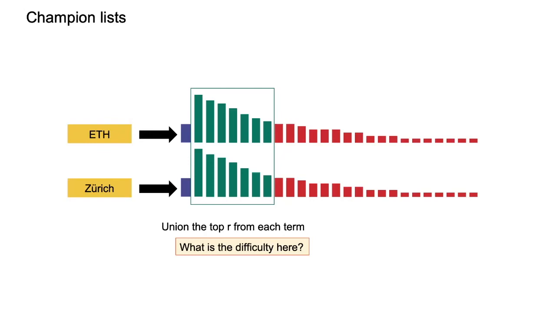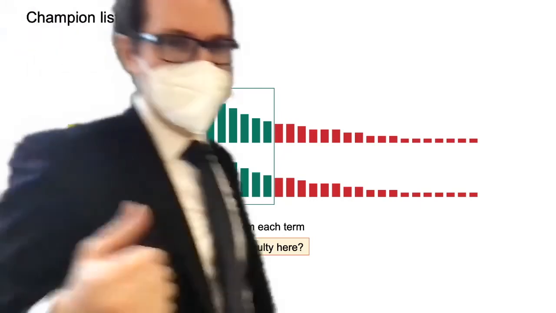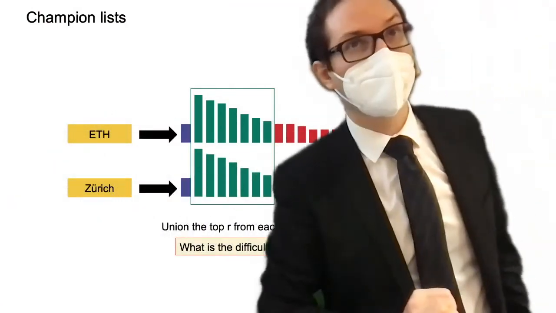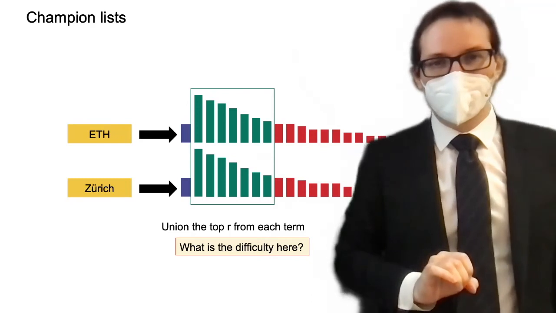It doesn't work anymore because the union algorithm is assuming that there is a common order, right? That you just traverse. It's basically the merge sort algorithm that you do here. But in the merge sort algorithm, you assume you have the same order throughout the algorithm, right? So we have the problem that we cannot simply use the union algorithm if the documents here are sorted according to a different criterion for every term.